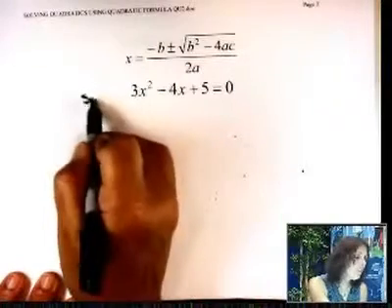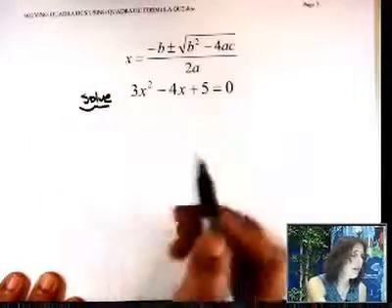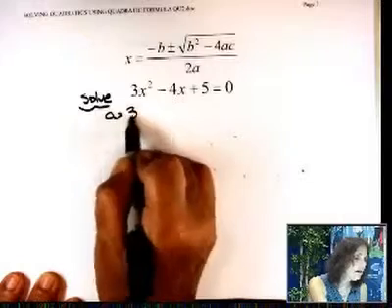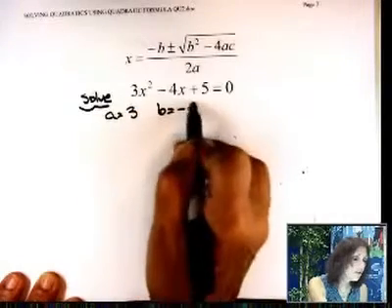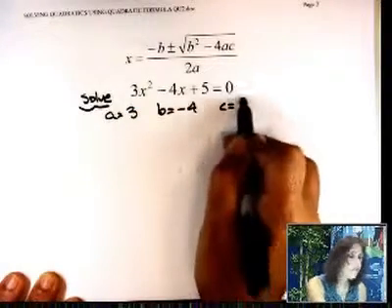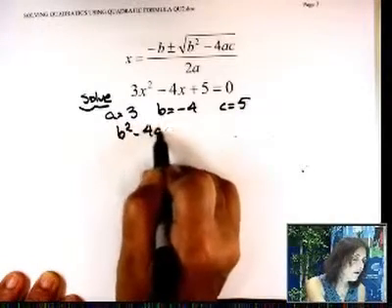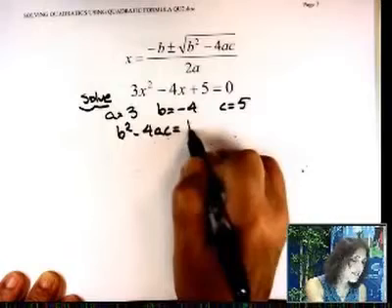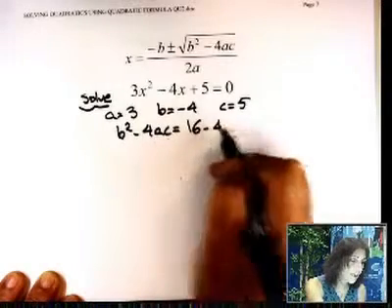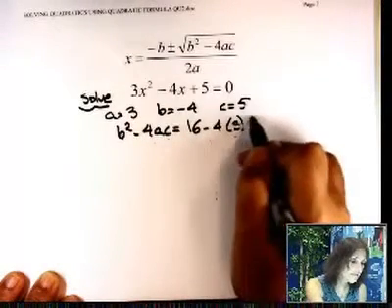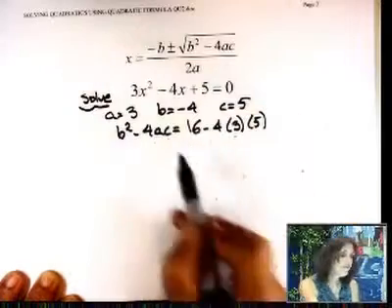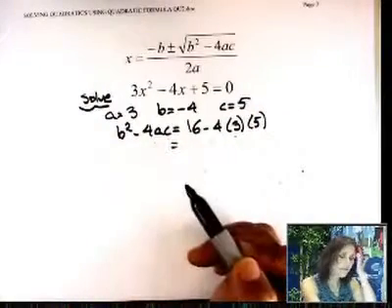The question is solve. A is 3, B is negative 4, C is 5. Write down the discriminant. B squared is 16 minus 4, A is 3, C is 5. Okay?